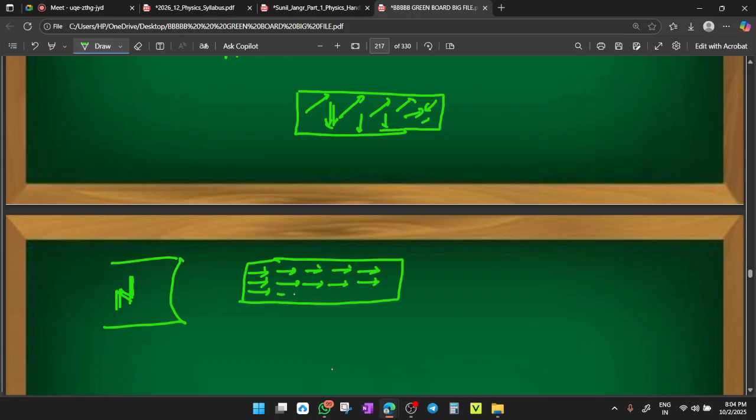Clear? Zoom in on this arrow: this one is the south part of the molecular magnet, and this is the north part of the molecular magnet. So this whole part becomes south and this whole part becomes north.